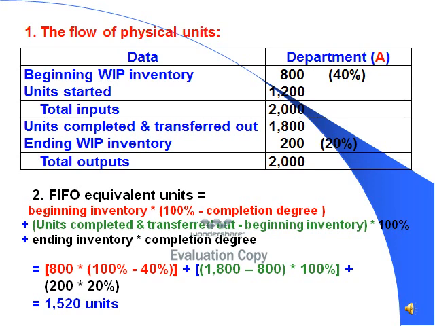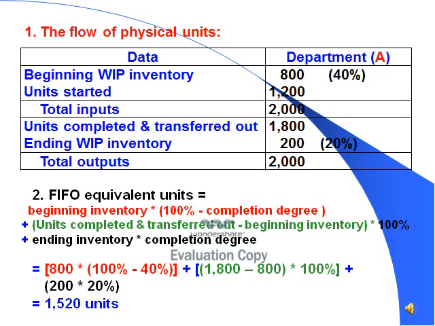Step number 2, FIFO equivalent units equal beginning inventory times 100% minus completion degree, plus units completed and transferred out minus beginning inventory, times 100%, plus ending inventory times completion degree.